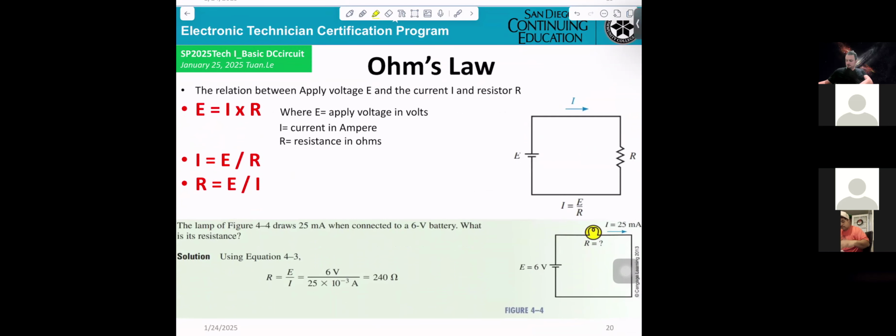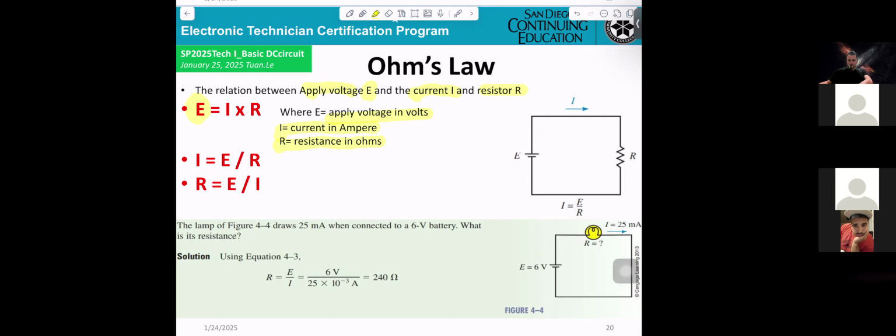Now, next we're talking about Ohm's law. The relation between applied voltage E, the current I, and the resistor R. The first formula is E, voltage, equals I times R. In this formula, E is the applied voltage in volts, I is the current in amperes, and R is the resistance in ohms.